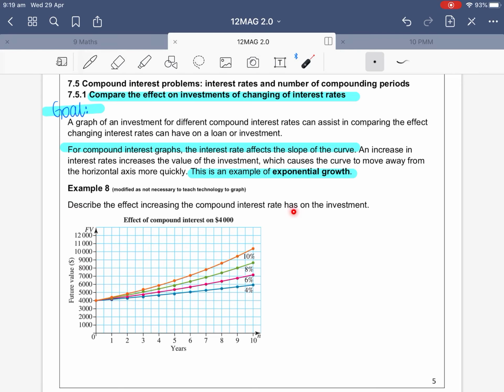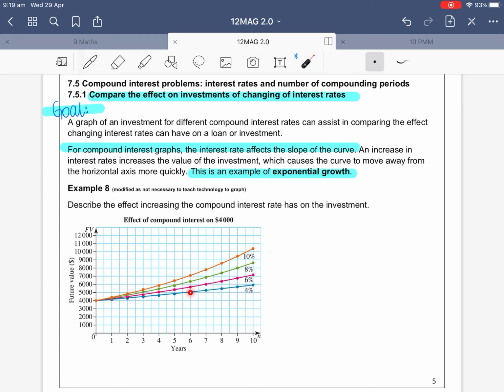Question 8 wants us to compare. It says describe the effect of increasing the compound interest rate. Describe the effect the compound interest rate has on the investment. There are two things that we would be looking for in a graph like this. First of all, if we have 4%, 6%, 8%, 10%, the higher the interest rate, the larger the return on the investment. We can see that at all points.